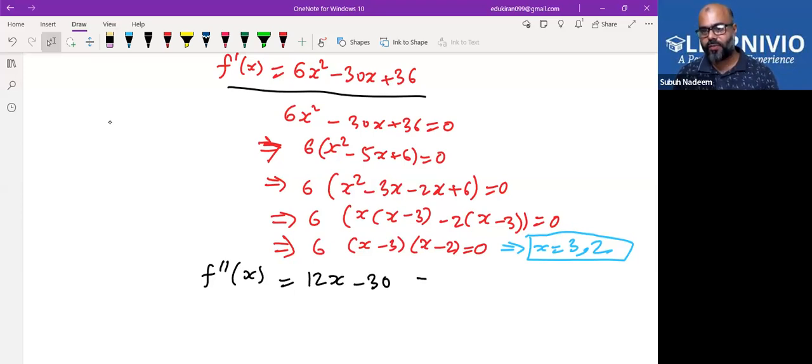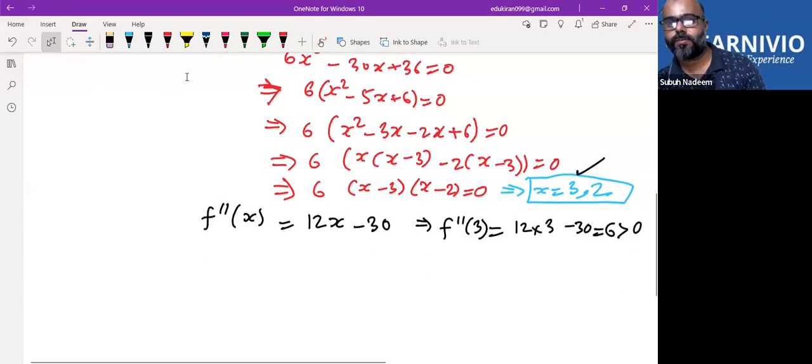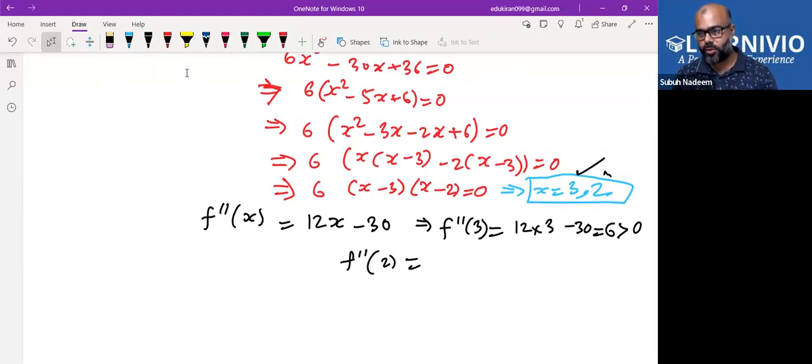Now just find the value at 3. So you will get 12 into 3 minus 30, which is 6, which is positive. And then you put the value 2, another value is 2. So f double dash 2 is 12 into 2 minus 30, which is minus 6, which is less than 0.